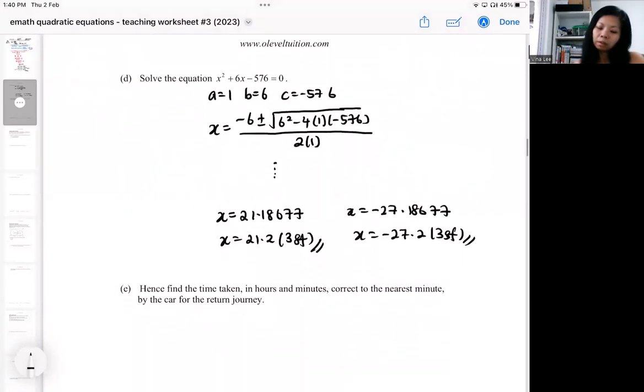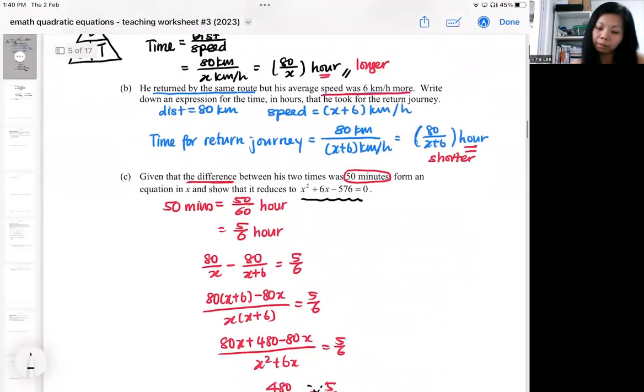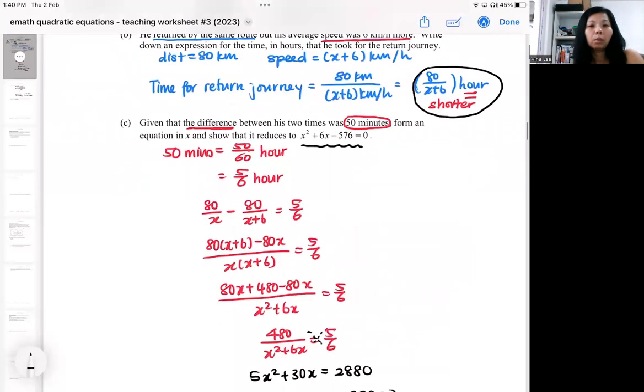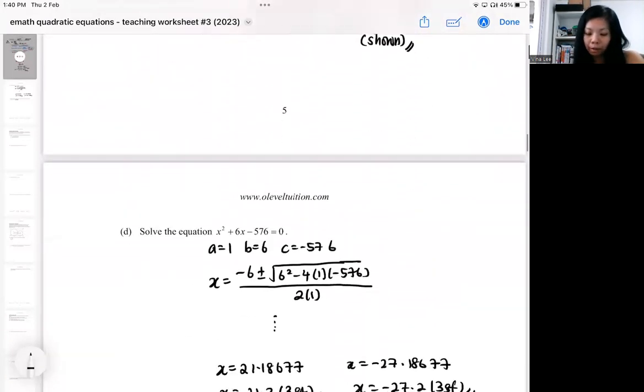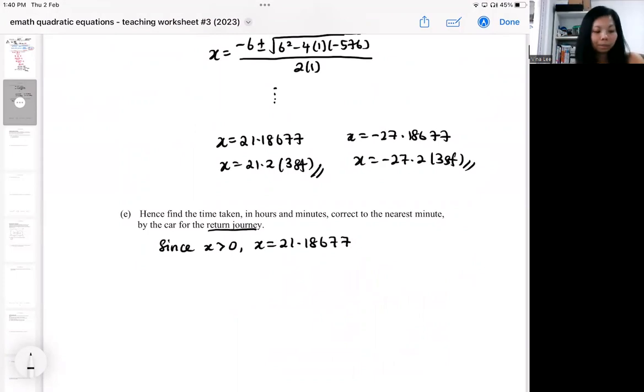Okay, so this one, I'm supposed to find the time for the return journey. So if you look, the time for the return journey is this one. So this is the time for the return journey. You need to insert a value of x. So again, with the same kind of idea, I will be choosing the x that is positive. But I will use the more decimal.